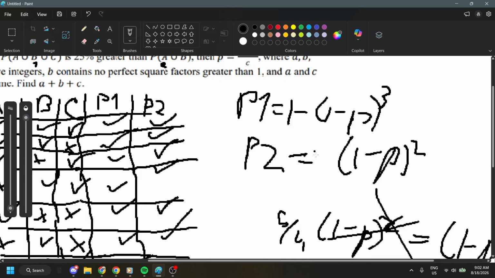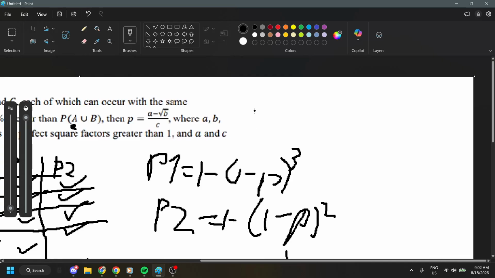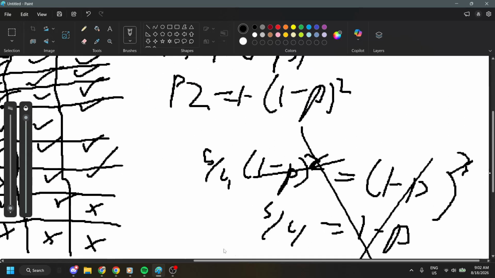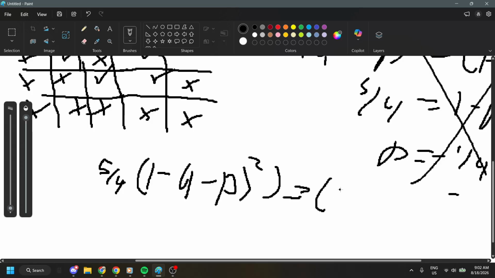And then this one is also 1 minus? Yeah. So we say 5/4 times 1 minus (1 minus p) squared is equal to 1 minus (1 minus p) cubed.